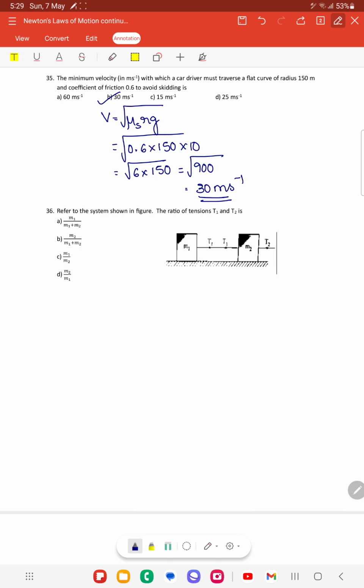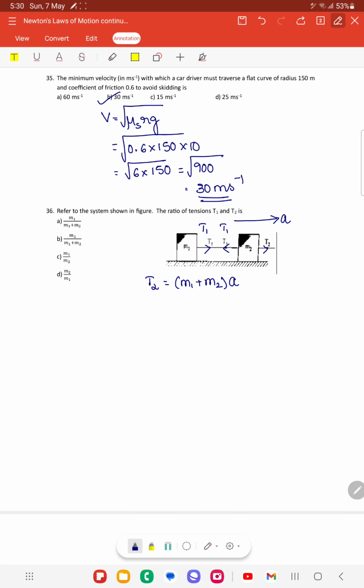Question number 36. Refer to the system shown in the figure. The ratio of tension T1 and T2 is. Here this is a tension T1, here this is a tension T1, and here the force acting is given as T2. If you consider the figure, the force is acting towards the right, therefore the net force acts in this direction and the body moves to the right. So T2, the force, can be written as (m1 plus m2) into a.